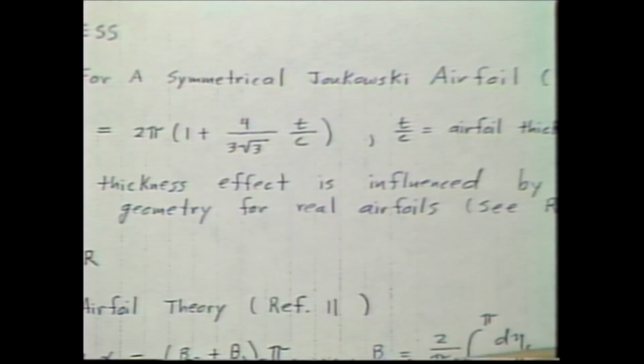It's basically a function of thickness to chord ratio, but on real airfoils, the thickness effect is influenced by trailing edge geometry. I've neglected the reference here, but it's the Air Force DATCOM that has some graphs, and that DATCOM is referenced in the back, where you can get some of the effects of the trailing edge.